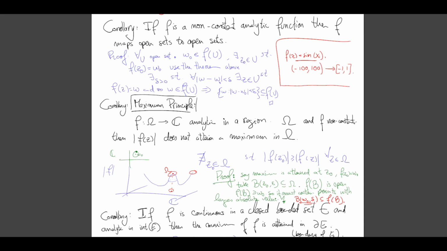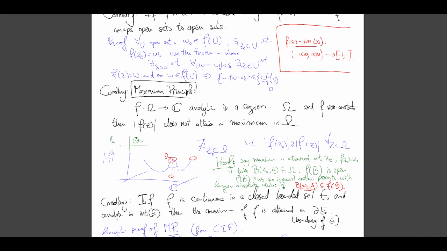Now, the maximum principle was immediately a corollary of that fact, and the proof is here in green. Because f maps open sets to open sets, if you had a maximum, you look at an open ball around that maximum, and it needs to go to an open set.